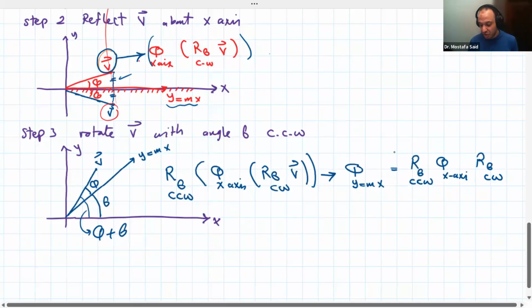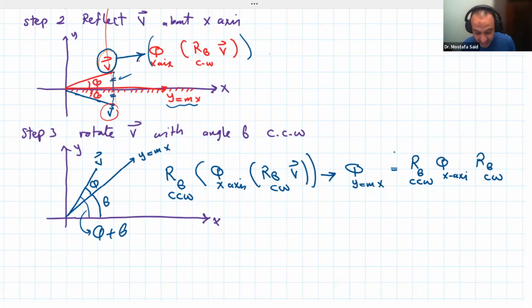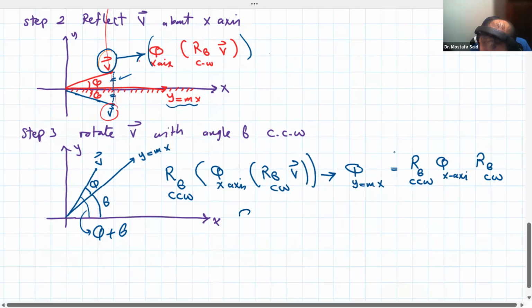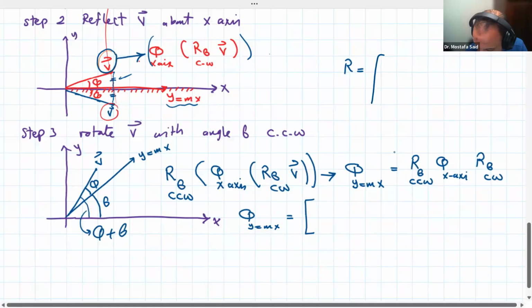I'm sorry, first rotation with angle r theta clockwise, then counterclockwise. Once we know each one of these matrices, then we can find our destination, which is Q y equals mx. So let's find them. Q y mx equals r theta counterclockwise.